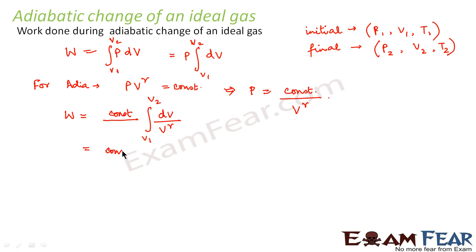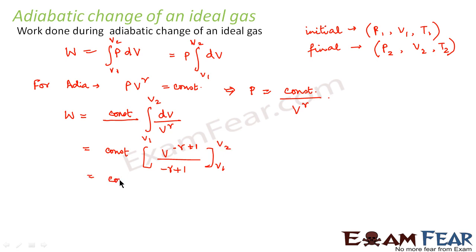So we can write it as some constant. Now what will be the integration of V to the power minus gamma? It would be V to the power minus gamma plus 1 divided by minus gamma plus 1, from V1 to V2.